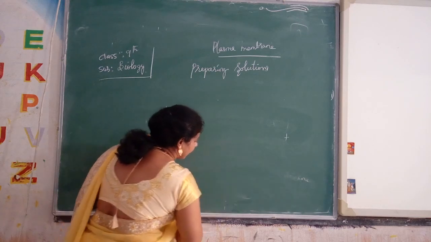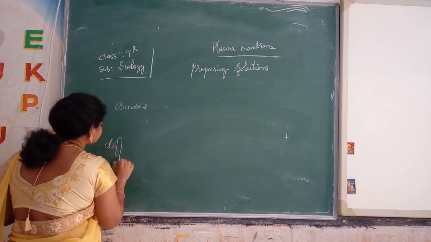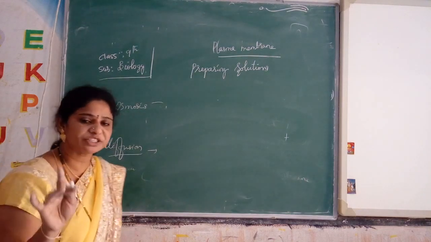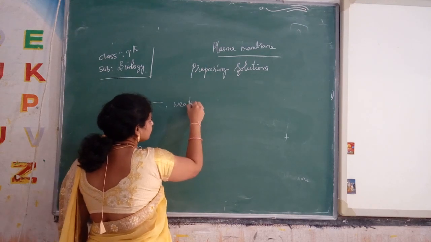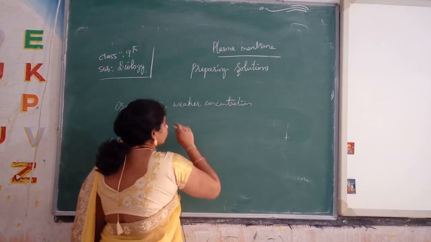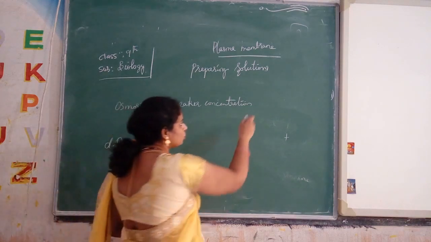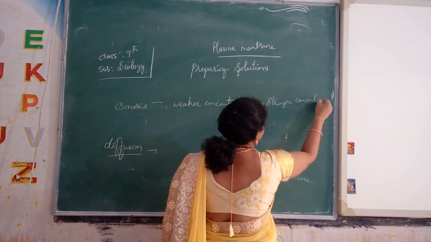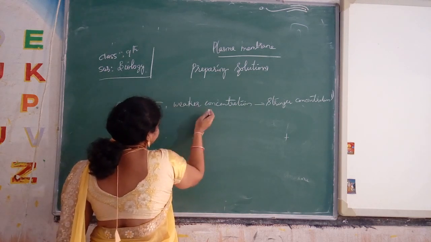Now I'll tell you what is osmosis and diffusion. Okay, osmosis, diffusion. Now I have said what is solute, solvent, solution. Osmosis is the movement from the weaker concentration to the stronger concentration.